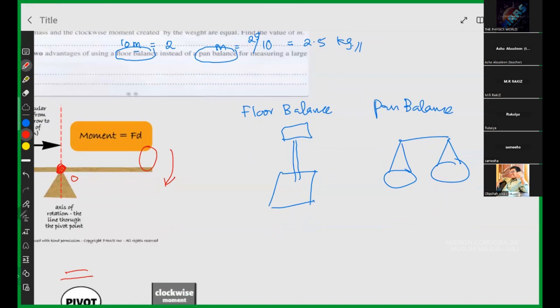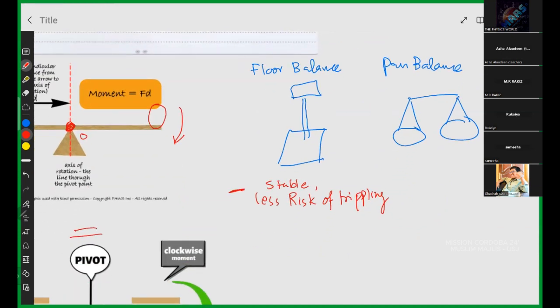First thing is, here it is more stable. Stable in the sense that the chance for tripping is less. Tripping means losing the balance and falling. But here, it can happen. And the next thing is here you have a digital scale.